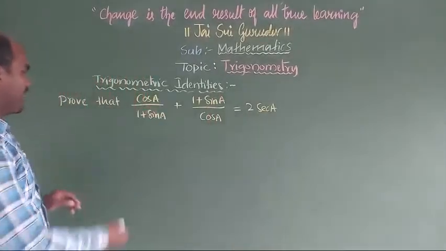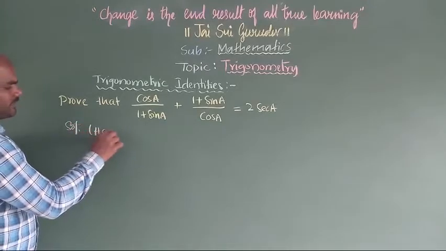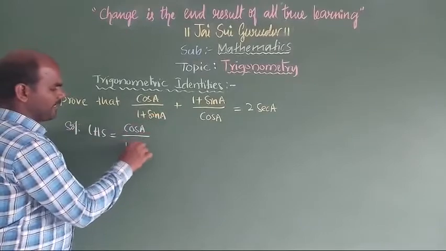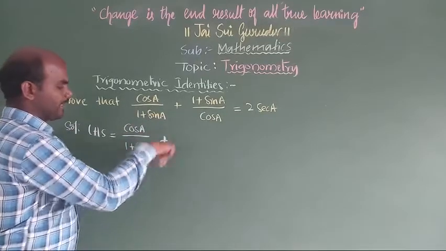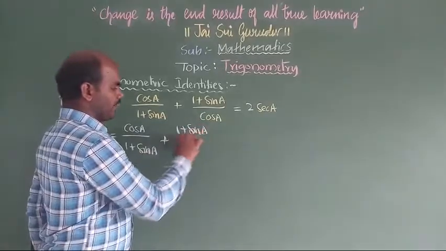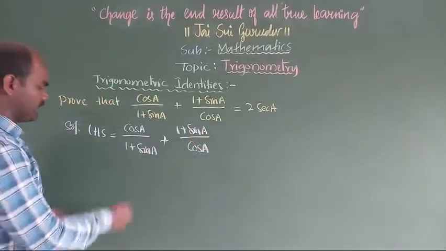Yes. So now I am taking LHS to prove this. LHS is equal to cos A by 1 plus sin A plus 1 plus sin A by cos A. Okay, so by taking the LCM of that, what should we get?